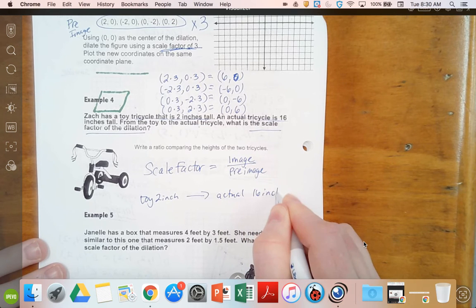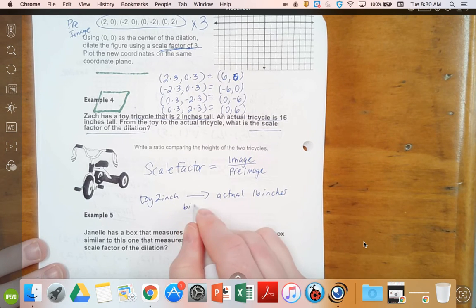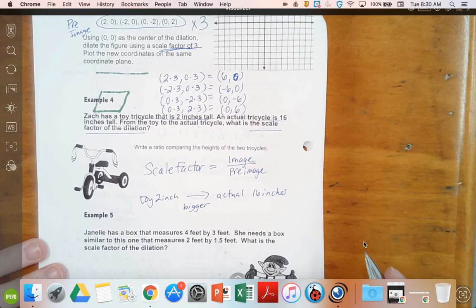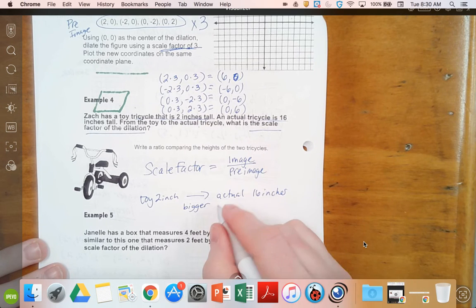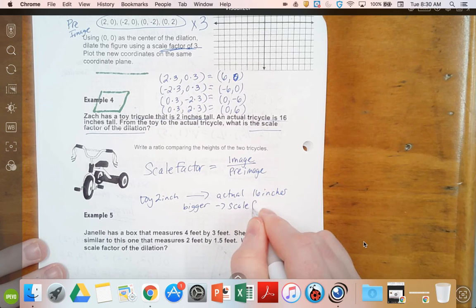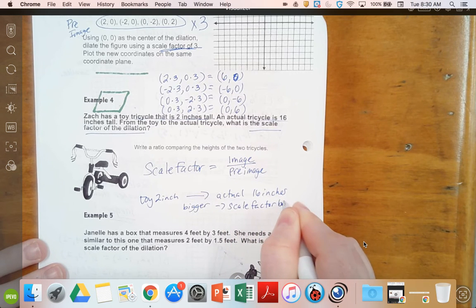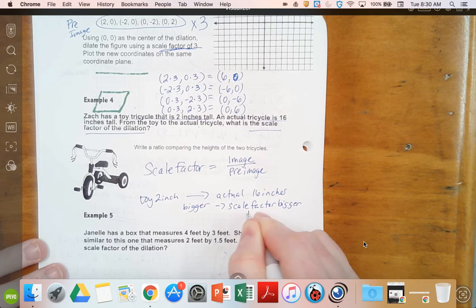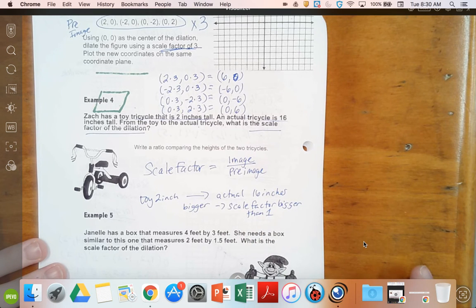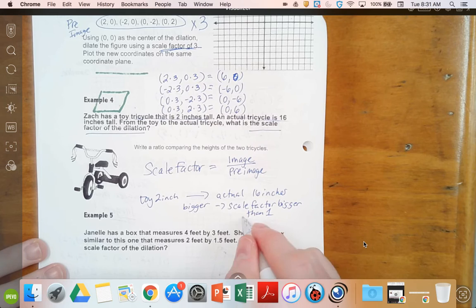So we are getting bigger. So my scale factor has to be bigger than 1. Okay? So that's going to help me out to decide which ratio is correct.